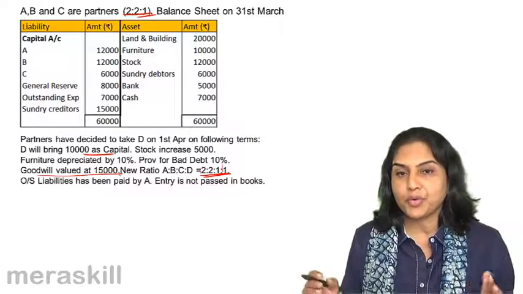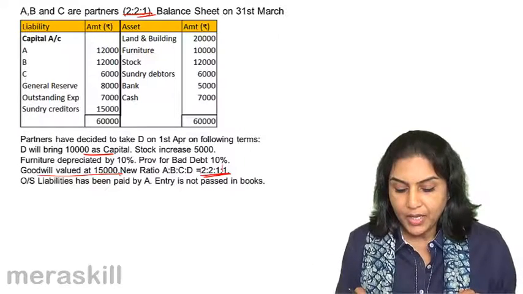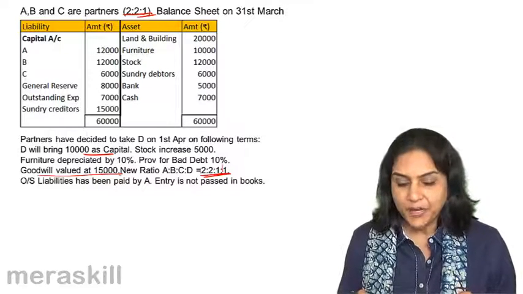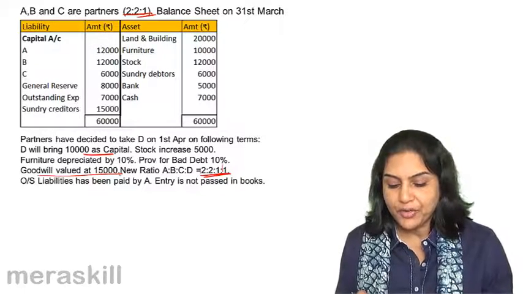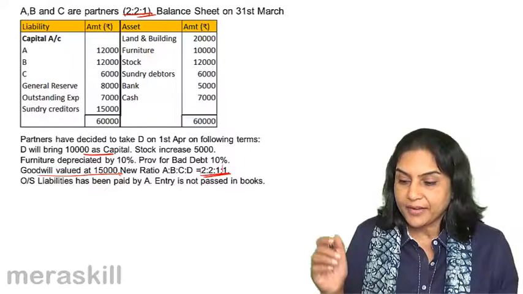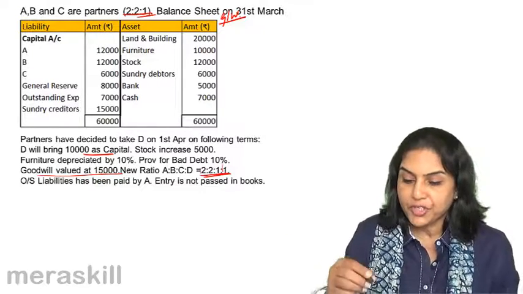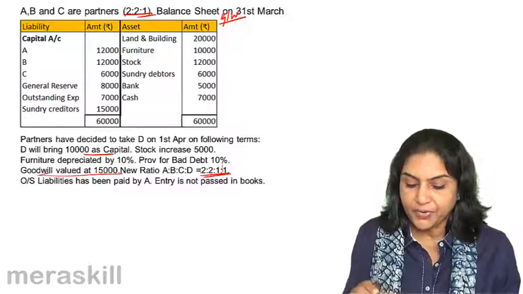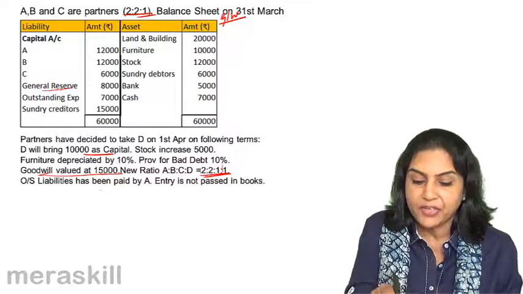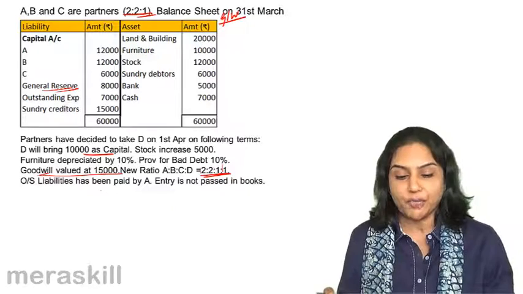But normally we do not raise goodwill unless cash has been paid for it. Therefore, goodwill valued at 15,000, what would be the entry? One by one we will take the profit sharing ratio given, then we will do goodwill, we will do revaluation and we will do transfer of accumulated profit.